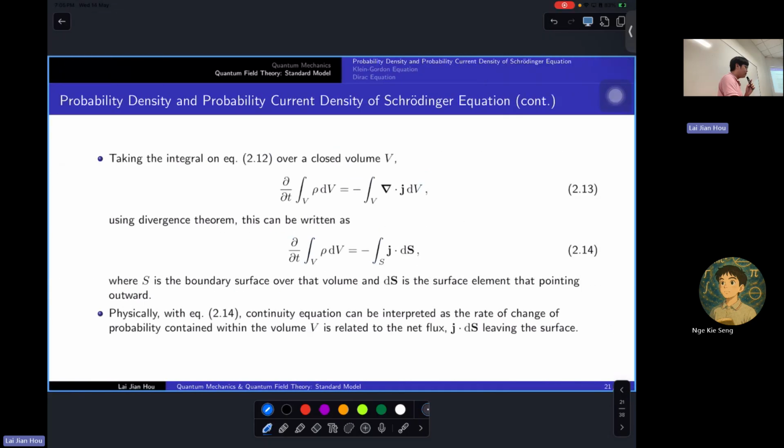Why do I want to bring out this analogy?